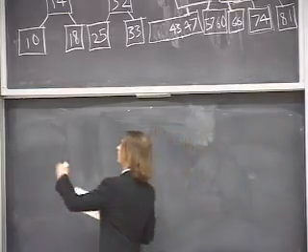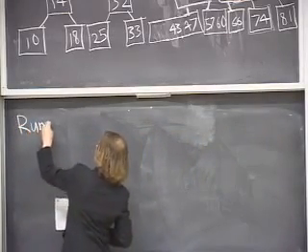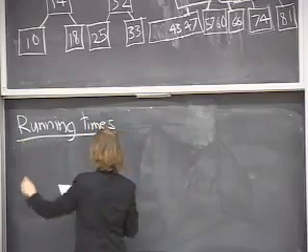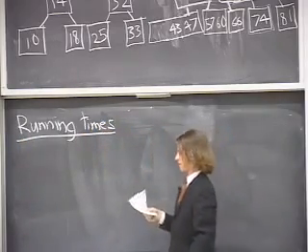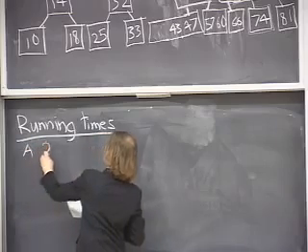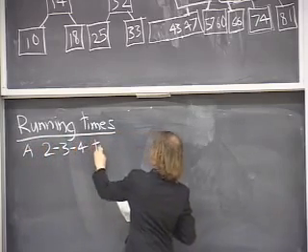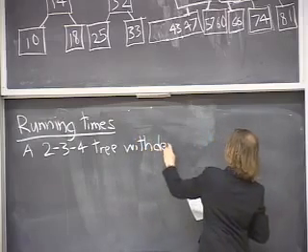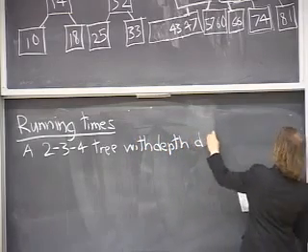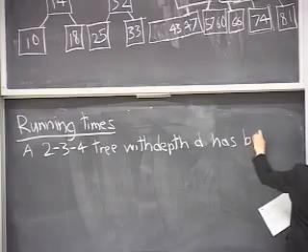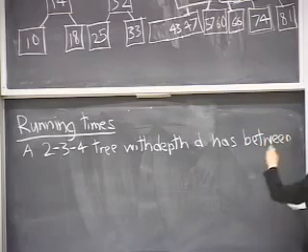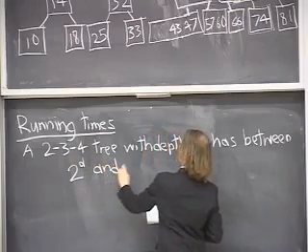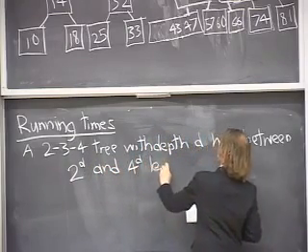So now we can talk about running times for all of this. But this is pretty easy because a 2, 3, 4 tree, if it has depth d, it's not too hard to show that it has something between 2 to the d and 4 to the d leaves.